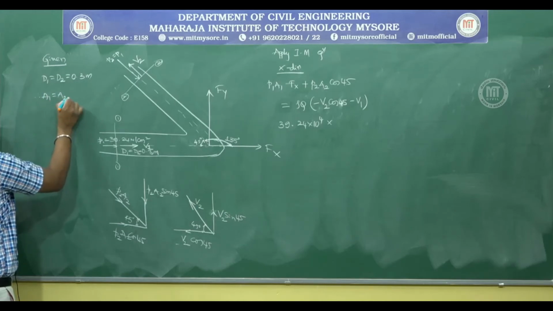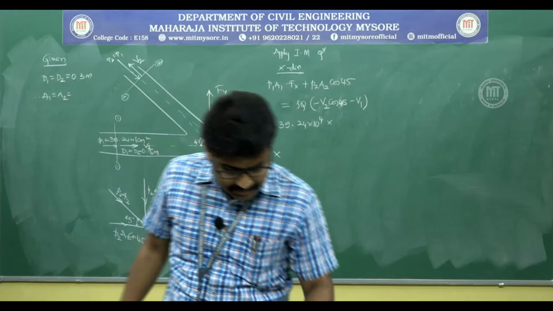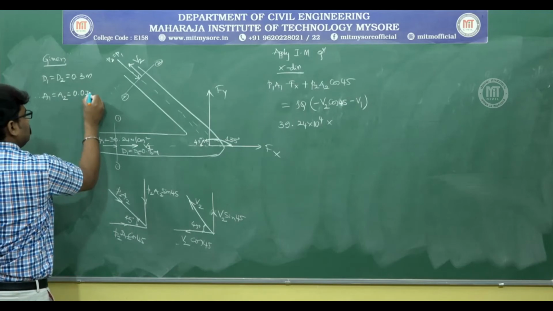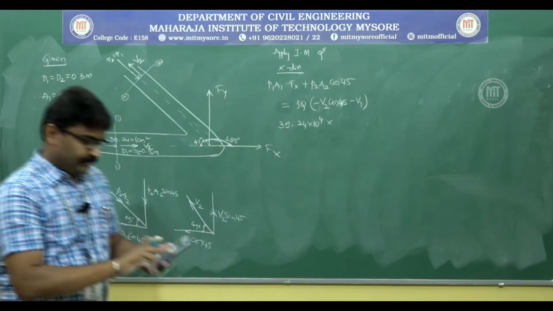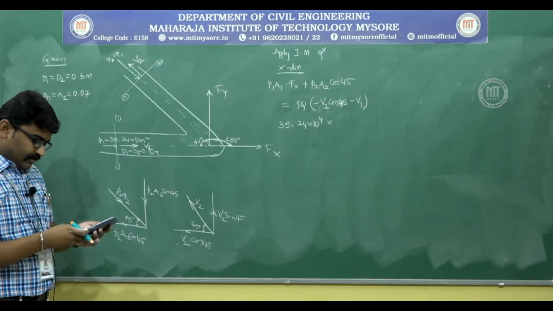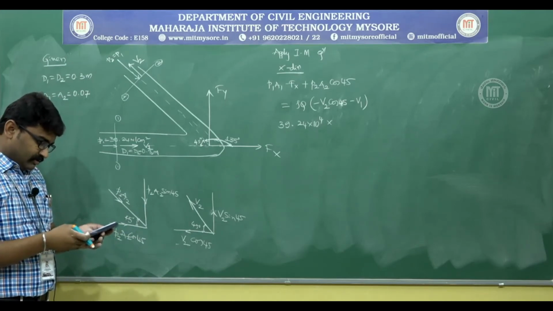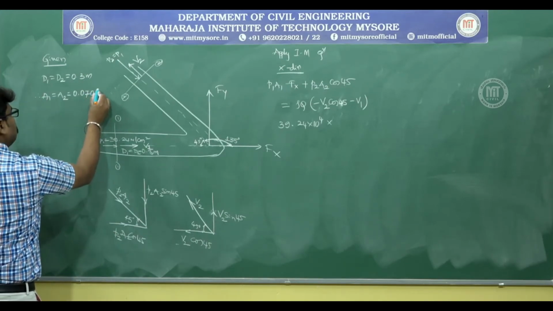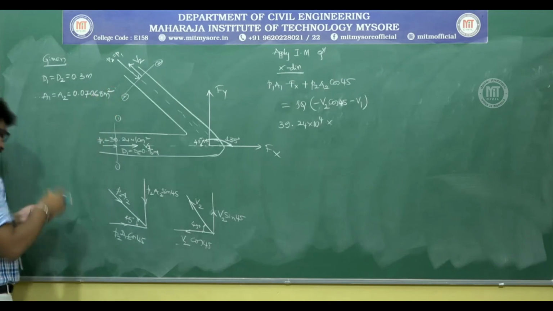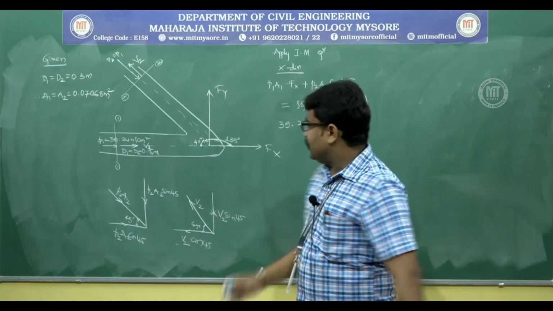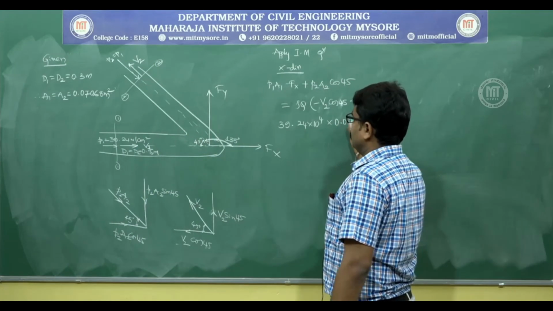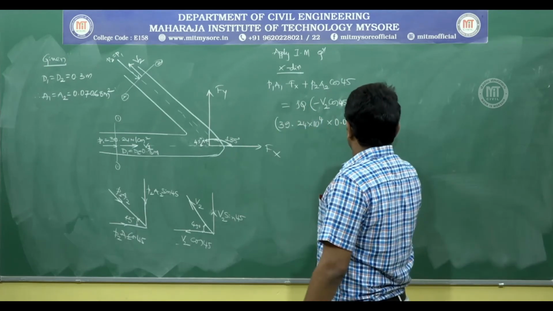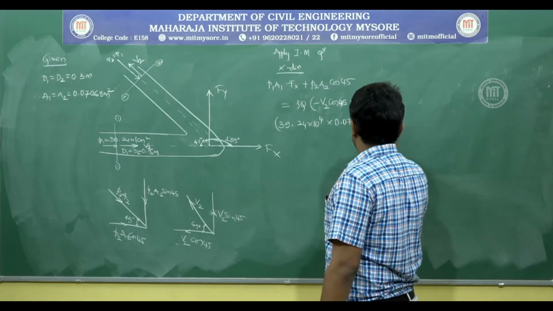Therefore, A1 is equal to A2, which is pi divided by 4 into d square, 0.3 square, 0.07068 meter square. So, P1 A1 is 0.07068 meter square, P1 A1 minus Fx.